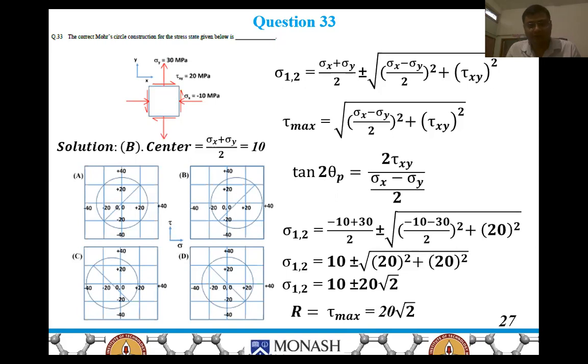Sigma 1 is 10 plus 20 root 2, and sigma 2 is 10 minus 20 root 2, and R is tau max, that is equal to 20 root 2, and the center is (sigma x plus sigma y) by 2, equal to 10. In option B the center is at 10, and sigma 1, that is 10 plus 20 root 2, will be roughly 38 point something, and here it will be around minus 18. So option B is correct.